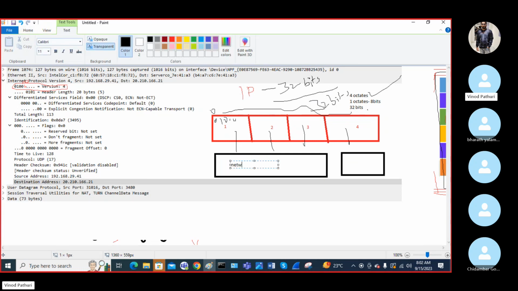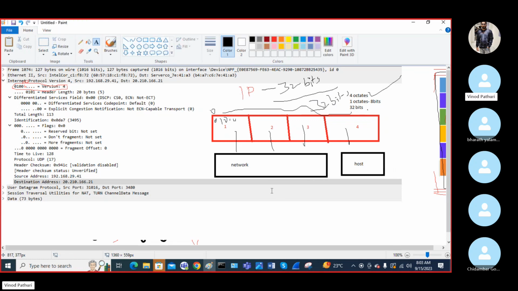This is the network part, and this is the host part. By using the network only, you will understand which IP it is using and which class it is using. All this we will understand by using this IP only.